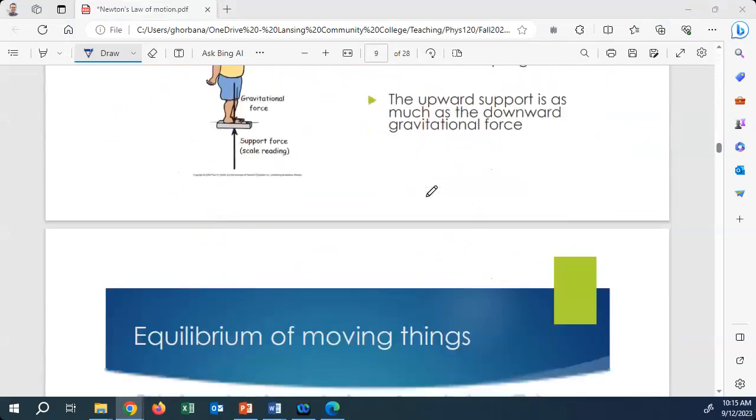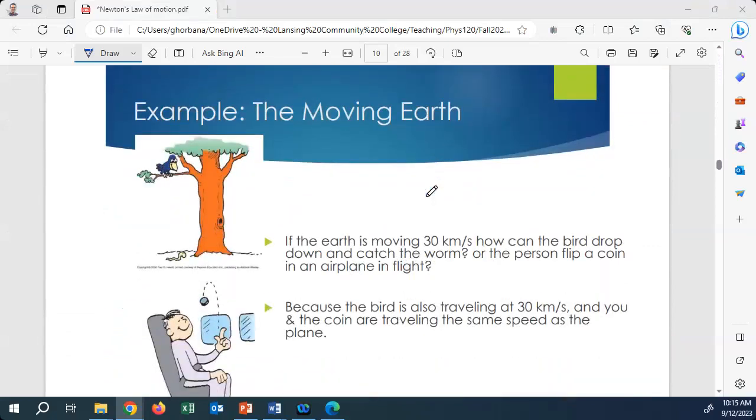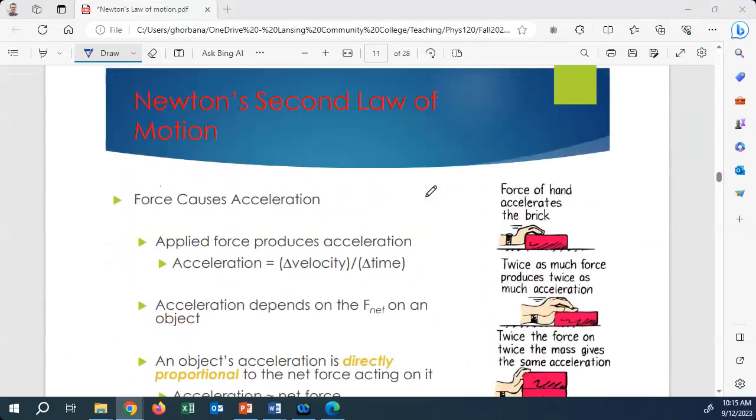Okay, let's move on to equilibrium of the moving forces. Newton's second law of motion is telling us that force causes acceleration. When the object is accelerating, definitely there is a force accelerating this object.